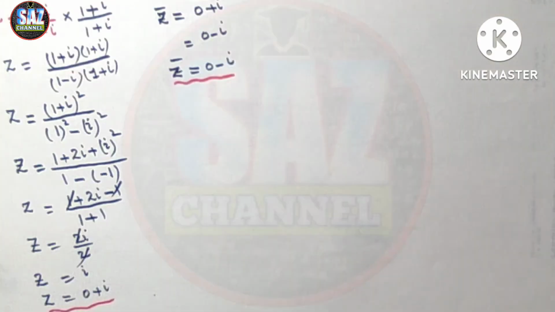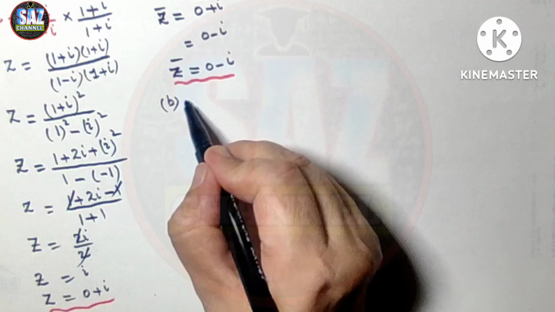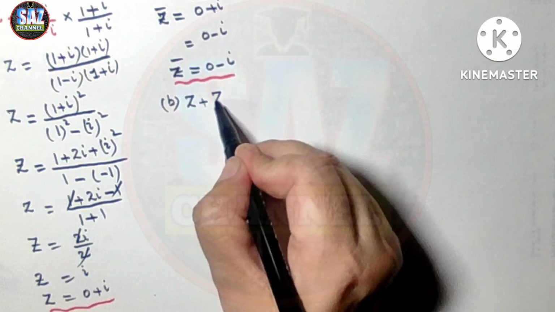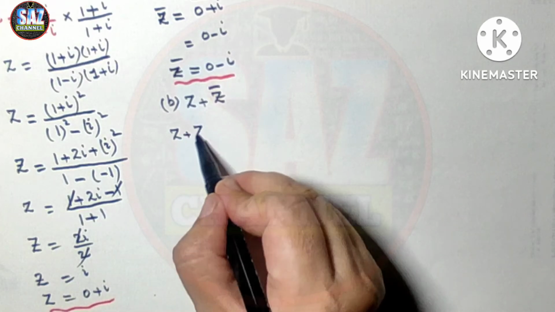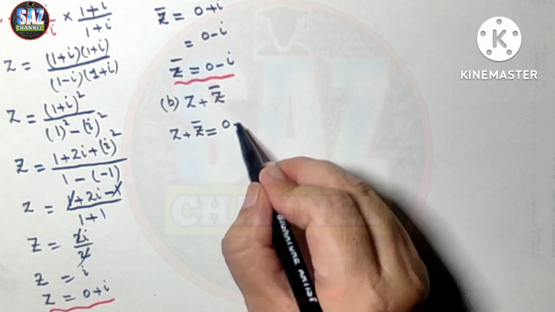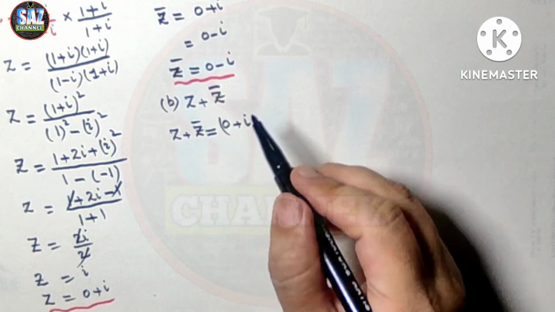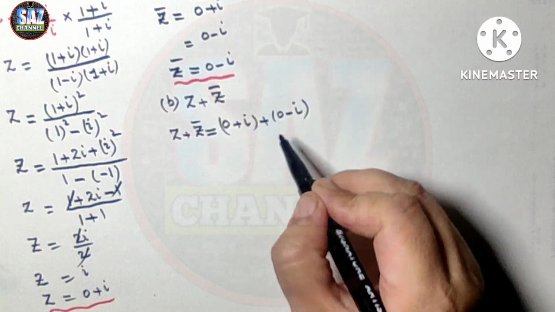Moving to the B part, that we have to find z plus z bar. Now z plus z bar: z is 0 plus iota, and z bar, the answer that we have in the previous part, is 0 minus iota.